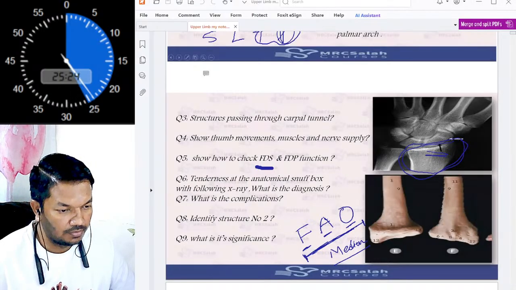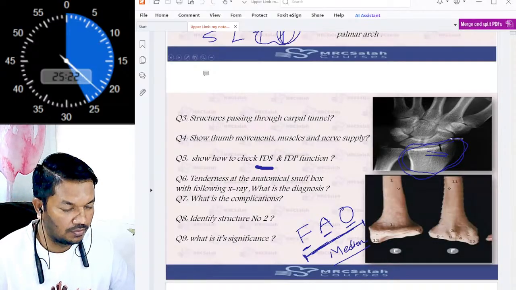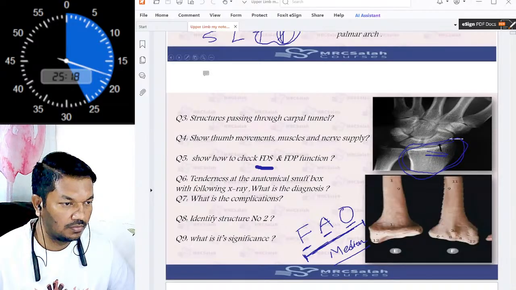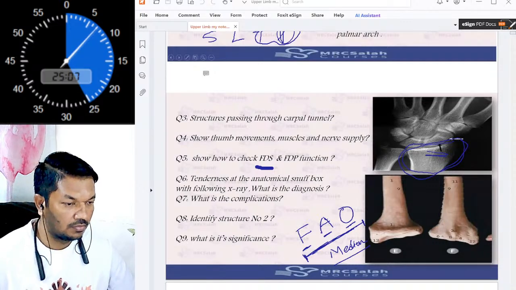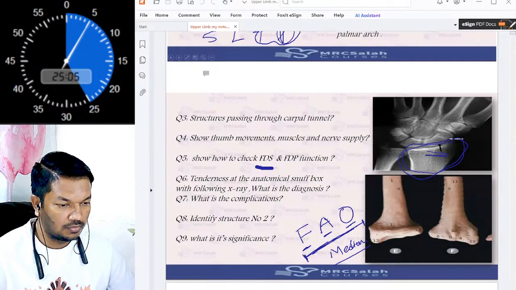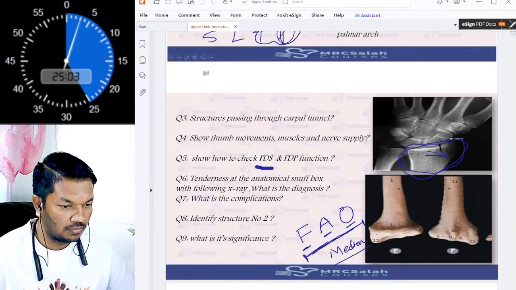Flexion by transpalmar adduction is by adductor pollicis and flexor pollicis brevis. Extension of the metacarpophalangeal joint of the thumb is by extensor pollicis brevis, and extension of the interphalangeal joint of the thumb is by extensor pollicis longus.